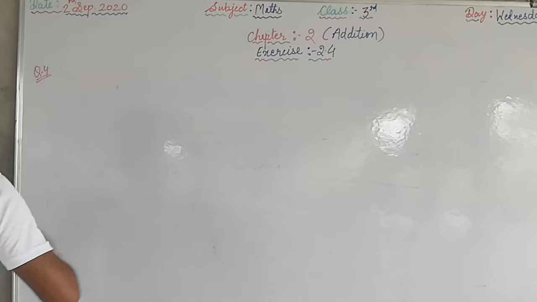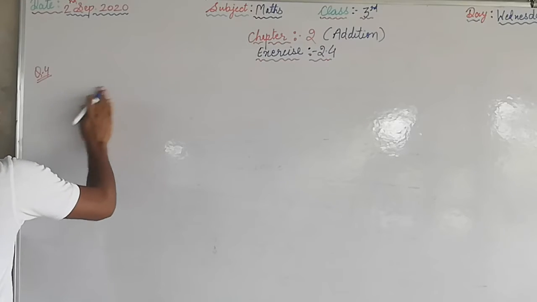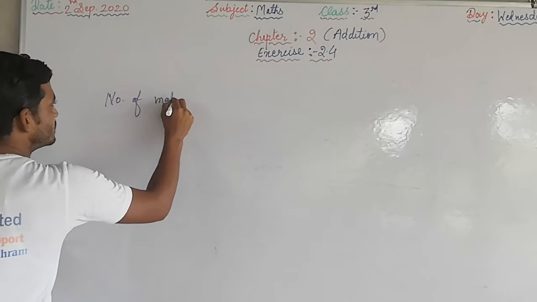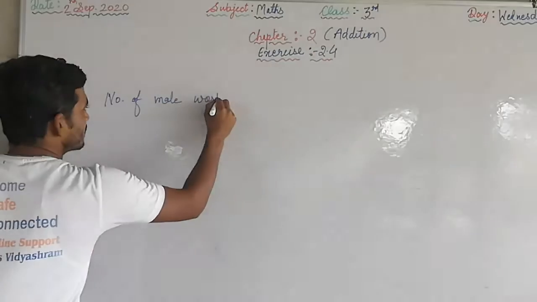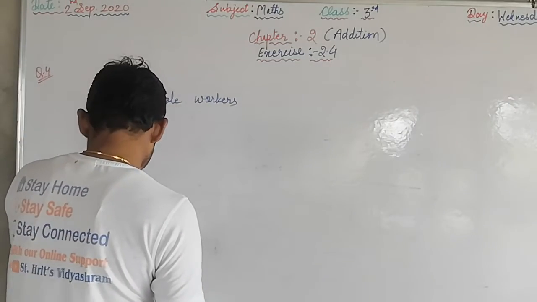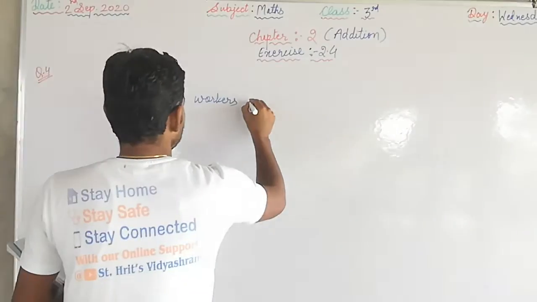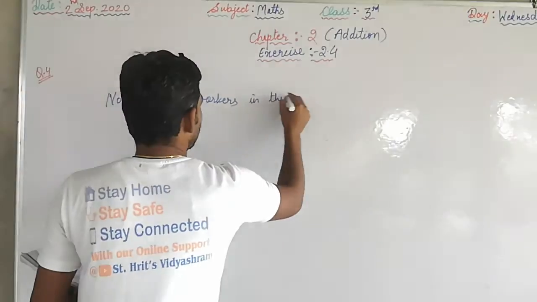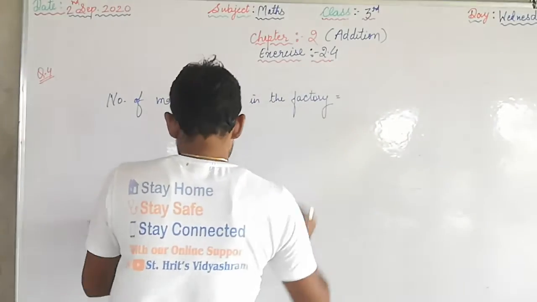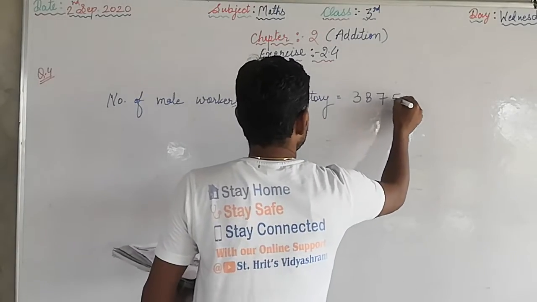Total number of male workers in the factory equals to how many? 3875.